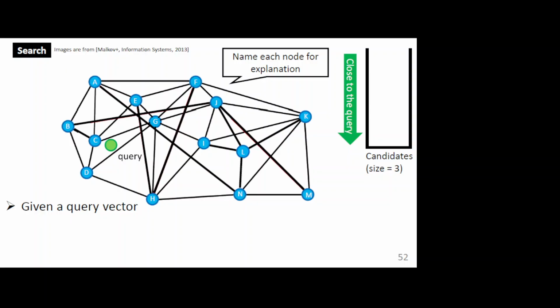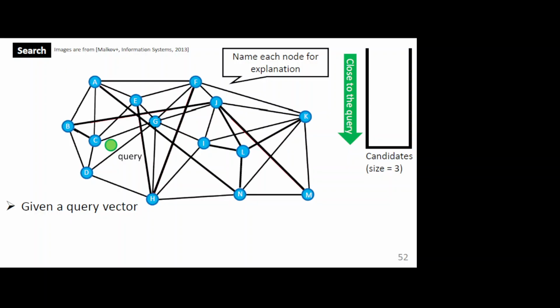Okay. Next, we talk about how to search in the graph structure. Now we have built this graph, and given a query here. You see a bucket. We use this bucket to store our candidates.